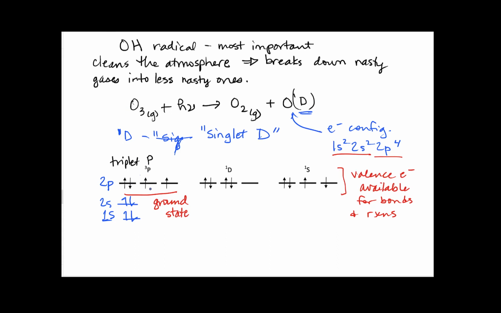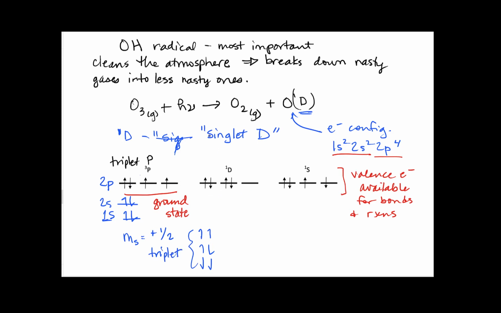But it's a triplet because there are two unpaired spins, and remember that each one of these has a spin of +1/2, and that if we put this in a magnetic field, because we have two unpaired spins, we actually have 3 different ways for the spins to align in a magnetic field. They could align together, they could align opposite, and they could align together pointed down. So this is what a triplet state is like.